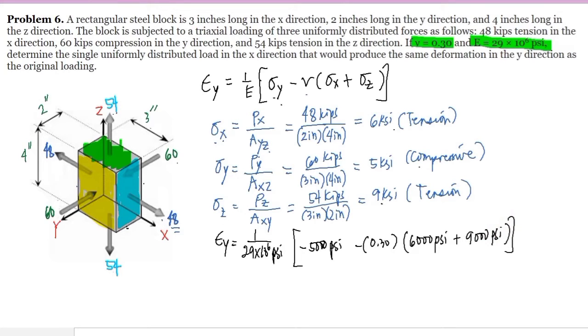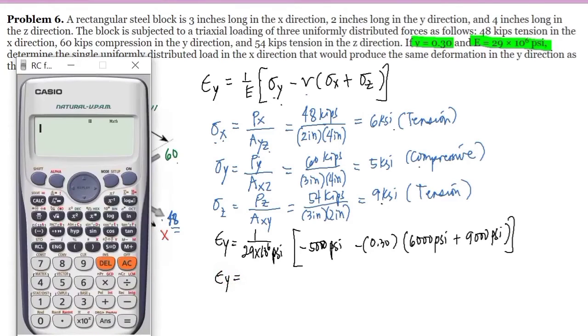Now computing for the strain in Y, we would have 1 over 29 exponent of 6 times negative 5,000 minus 0.3 times 6,000 plus 9,000, and we have here negative 3.276 times 10 to the negative 4.